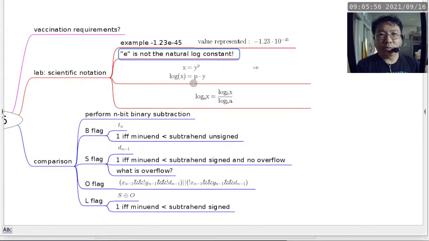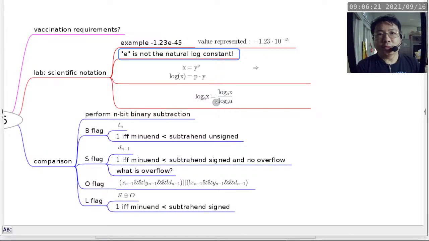And then two general rules that you can also use. It's not required, but it does help make things easier. You can always use a spreadsheet and use a trial and error method to answer some of the questions. The first one is just a general log type of equation: if x equals y to the power of p, then log of x is p times y.